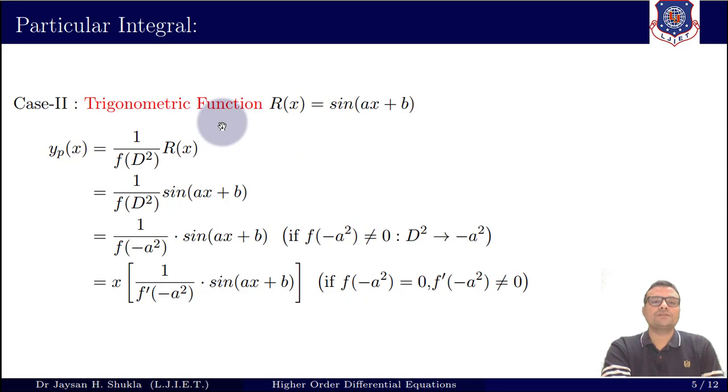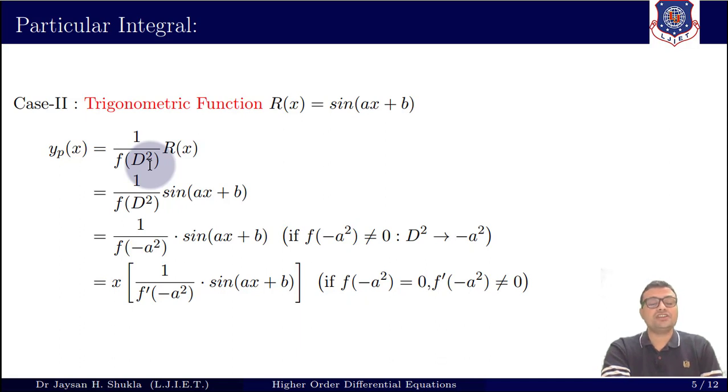Okay, so suppose this function r of x on the right hand side of yp is sin of ax plus b. Then remember one thing: as in the case of exponential function, we are focusing on 1 upon f of D. In case of sine or cos, we are focusing on D square in the equation.